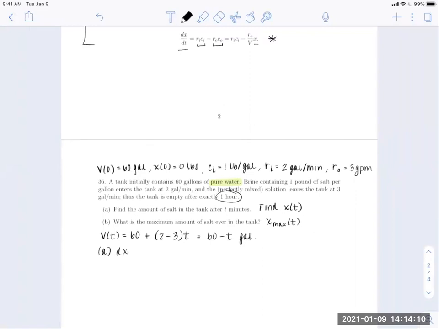Let's set it up. My rate of change of the amount of solute per time is the rate in.